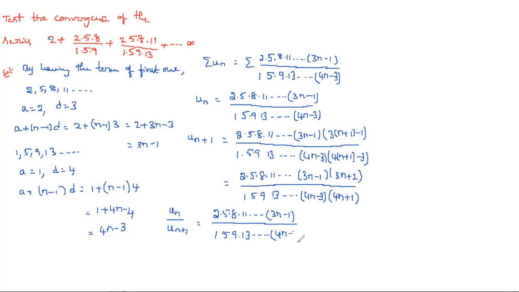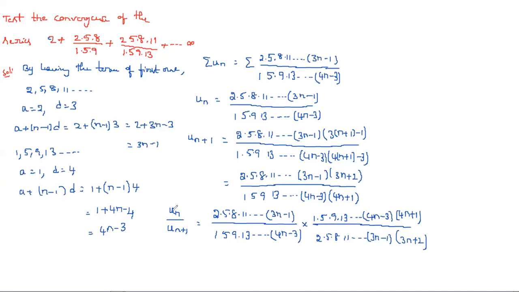This is un, and whole by un plus 1. When writing it, we take this into the denominator and it changes to 1 5 9 13 and so on, 4n minus 3 into 4n plus 1, by the total 2 5 8 11 and so on, 3n minus 1 into 3n plus 2.